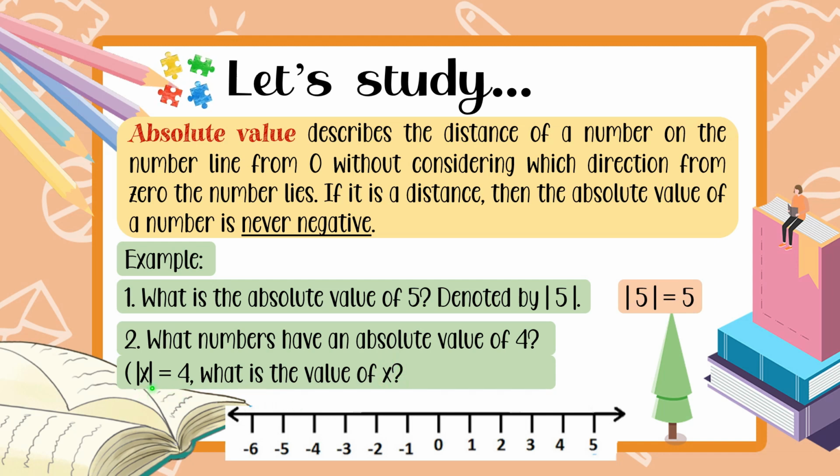Anong number yun nandyan kay x? So, ang absolute value niya is 4. So, meron lamang tayong dalawang number na pwede mag-result sa absolute value na 4. So, it's either positive 4 or negative 4. So, the answer for x can be equal to 4 and x can also be equal to negative 4.